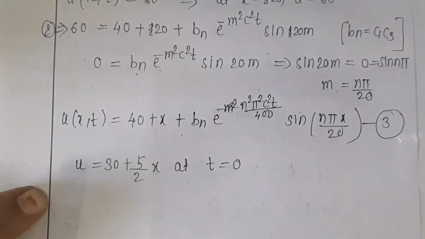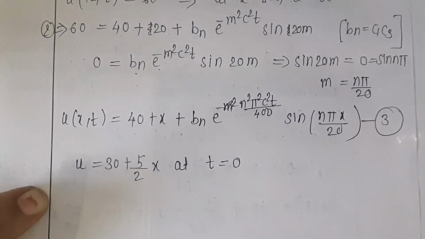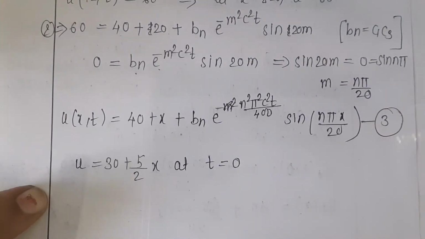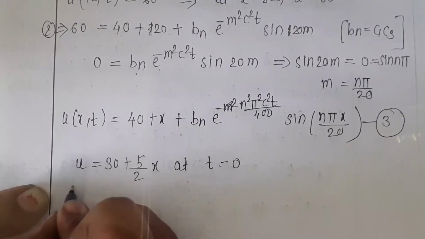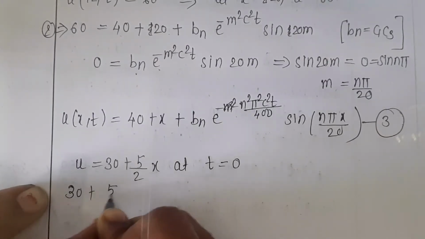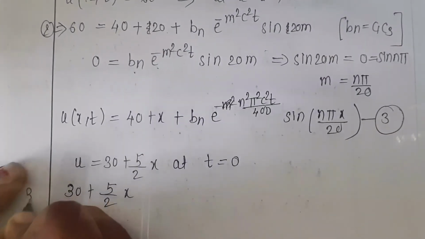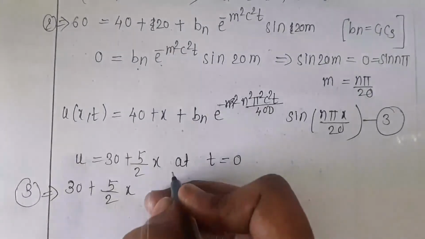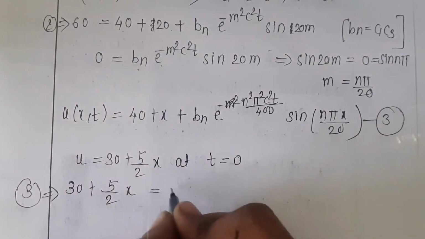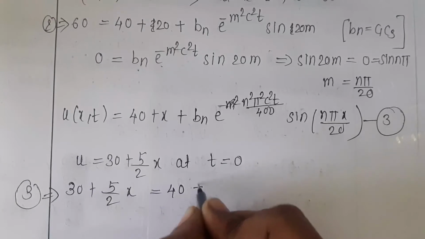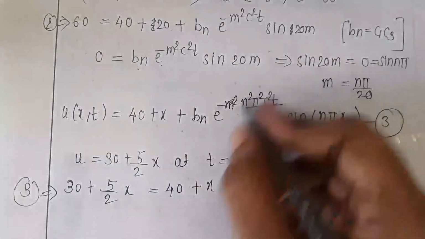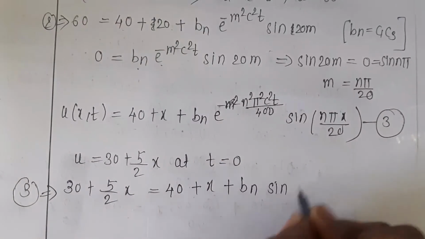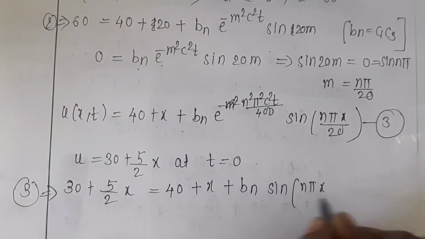So use this boundary condition here to get the value of bn. u is equal to 30 plus 5 by 2x, use this in equation number 3. So equation 3 becomes 30 plus 5 by 2x is equal to 40 plus x plus bn e to the, this becomes 0, sine of n pi x by 20.